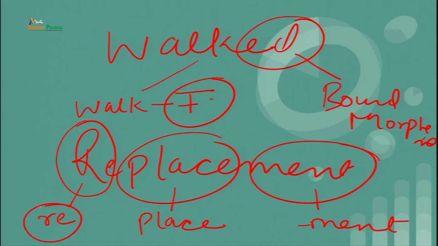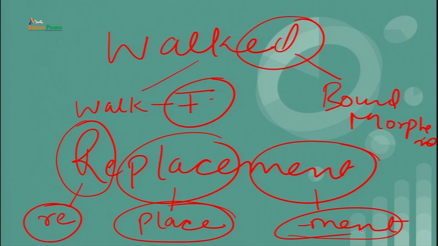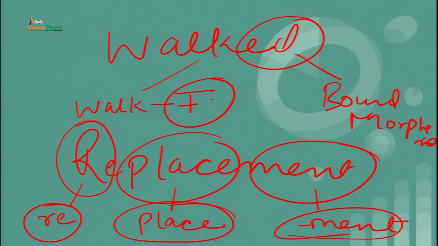Now think of "re". Can you put "re" in isolation? No. Can you put "place" in isolation? Yes, because it is carrying a separate meaning. Similarly, can you put "ment" in isolation? The answer is no. It needs a support, it needs a word, it needs a morpheme to make it functional.